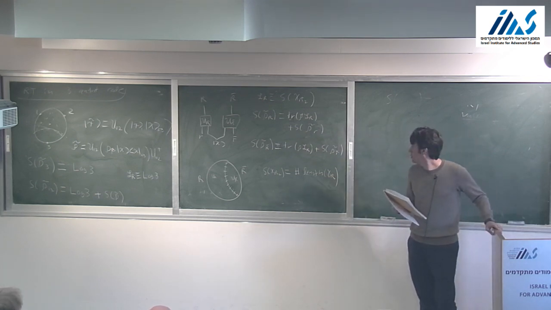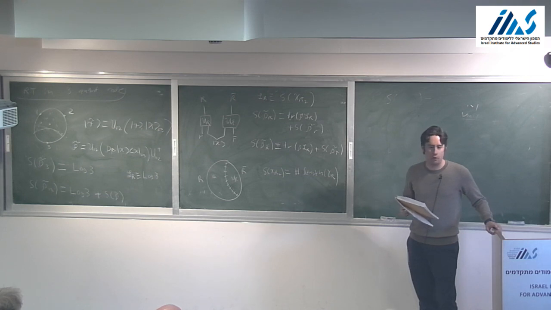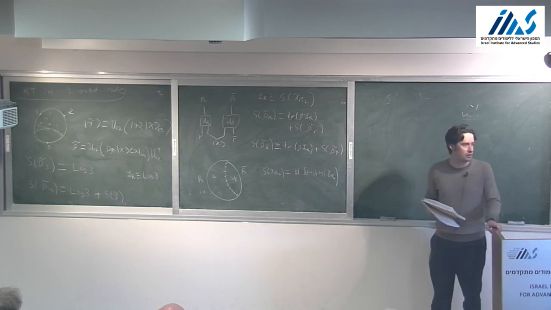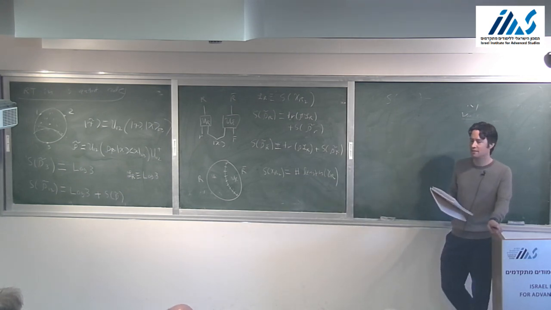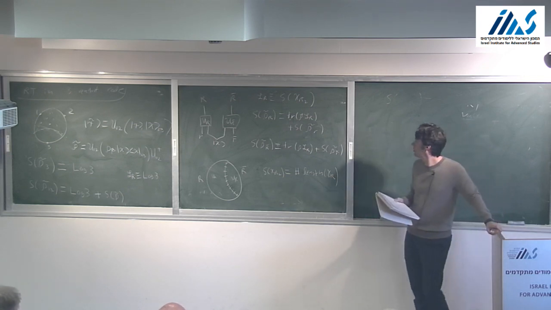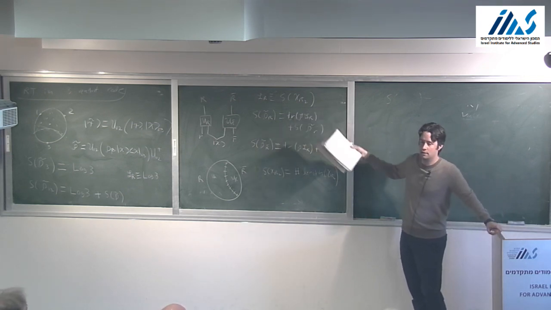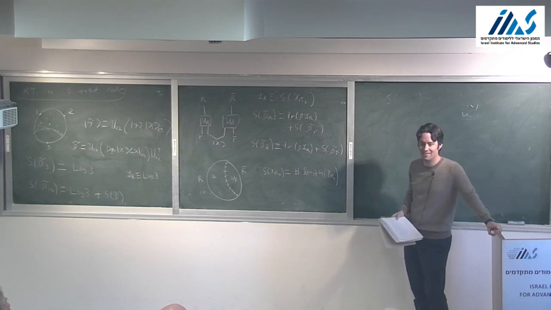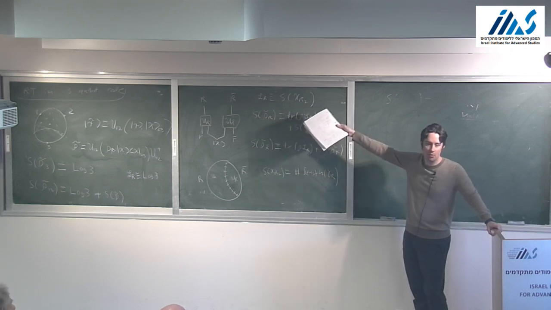Now, there's one rather annoying feature of this formula that probably some of you are already annoyed about. What's annoying about this formula? What's the area operator? It's a number. That's kind of silly, right? The area operator is not a number, it's an operator. Here the area operator is a C number.